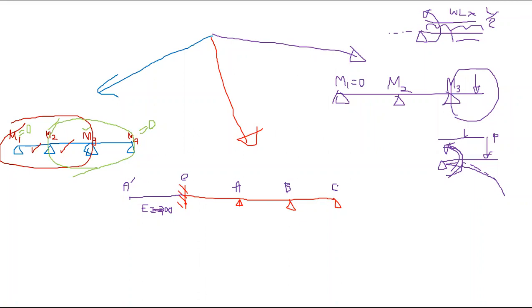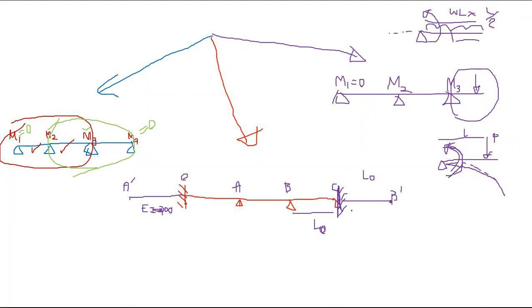If you have a fixed support here, what you need to do is B. So if this is L2, if this is L0, this is also L0, this is B dash. You don't need to worry about these support conditions.